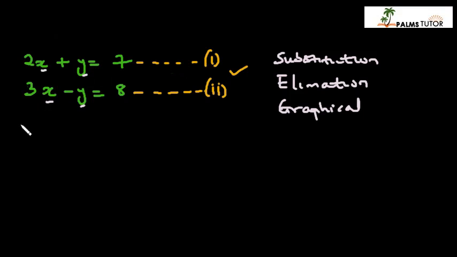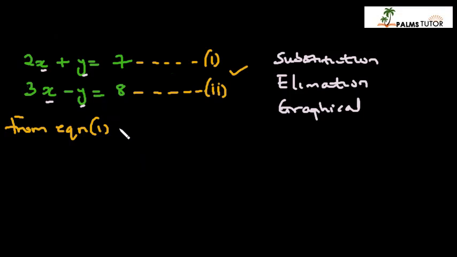I'm going to pick equation 1, and I want to make y the subject of the formula because it's the easiest thing to do. Always look out for the one with 1 as a coefficient, but if you don't have one, you may have to get fractions, then you solve for it later. So I'm going to make y the subject of formula in equation 1.